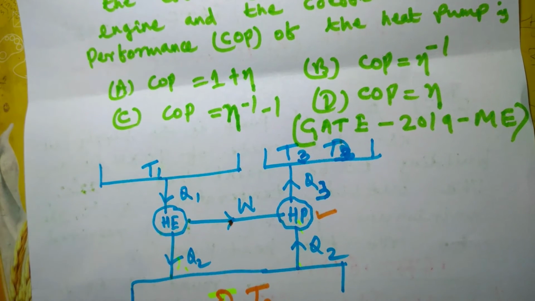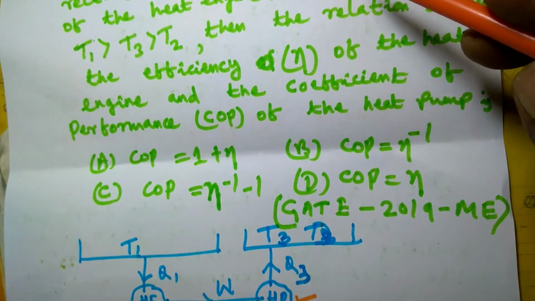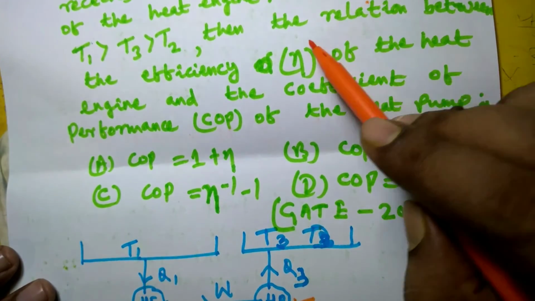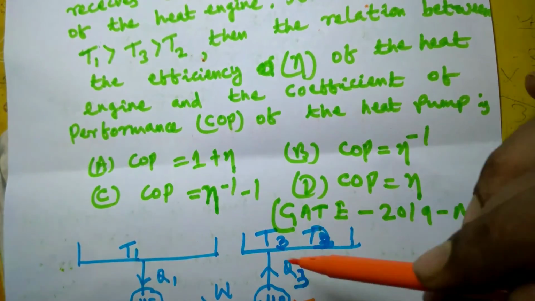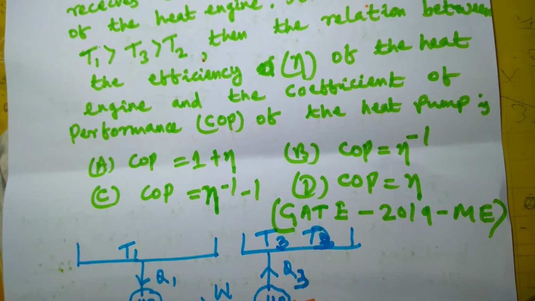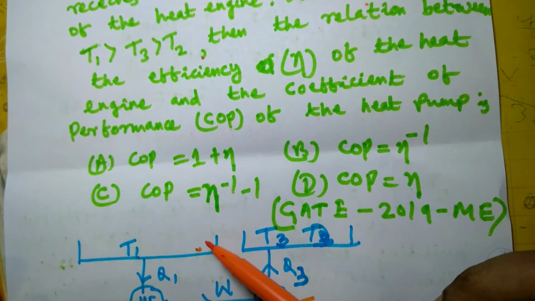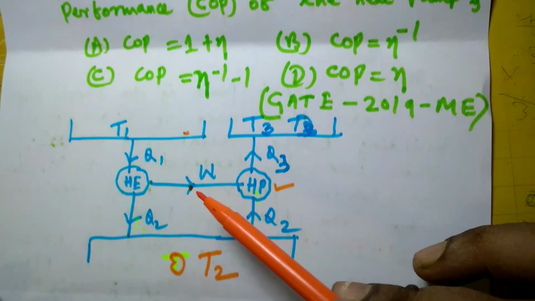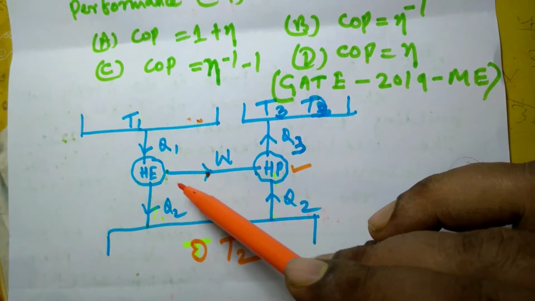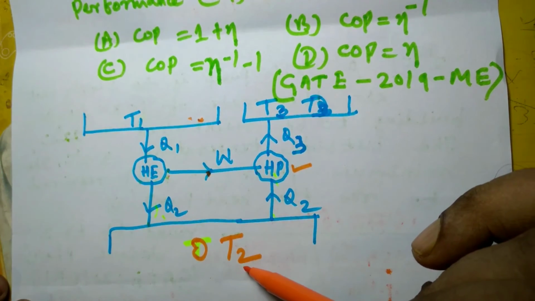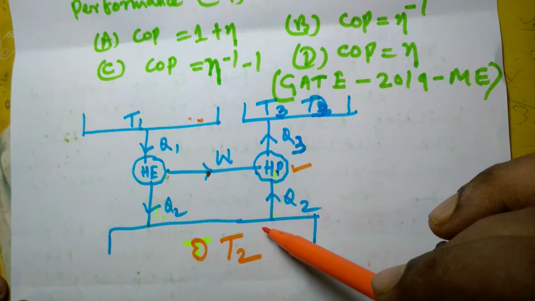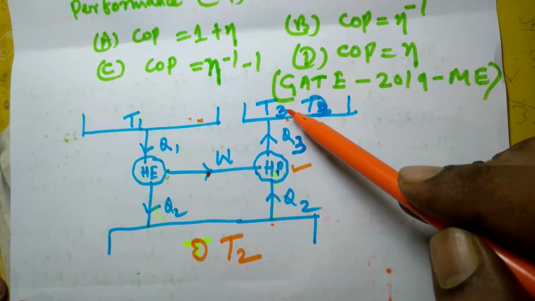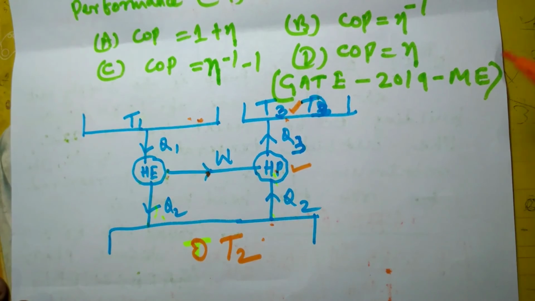You know, heat pump is a work consuming device, and if temperatures are like this, T1 is greater than T3 and T3 is greater than T2. You know, T1 is always the highest temperature, because this is the high temperature from which heat is extracted by the heat engine, and T2 is the low temperature to which it is rejected. And again, heat pump transfers heat from low temperature to high temperature. Obviously T3 will be higher than T2.